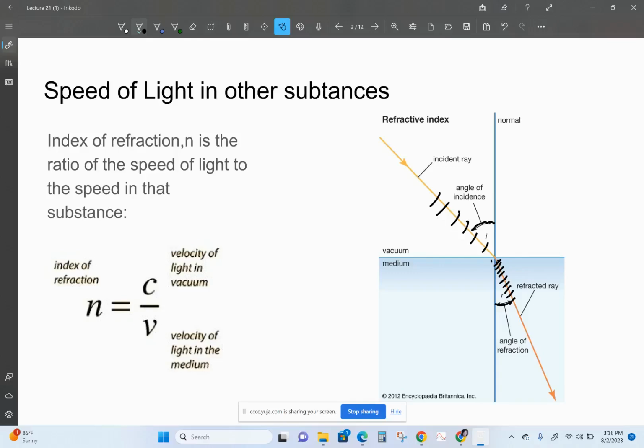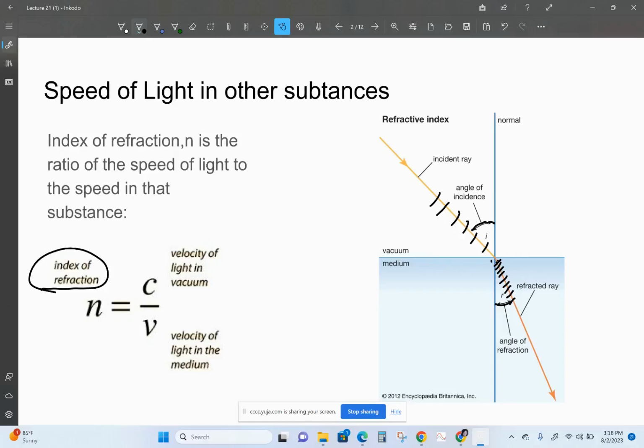Now, the amount that it slows down is given by something called the index of refraction, which has a symbol of n. And it is equal to the speed of light divided by whatever the speed in that substance is. So let's say that this substance is a diamond, and I want to know how fast light is traveling in that substance.